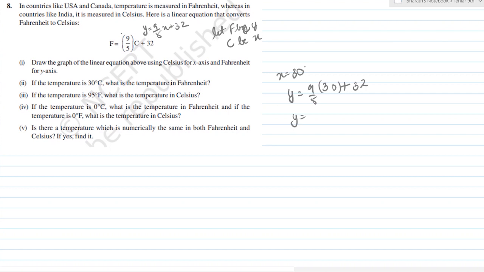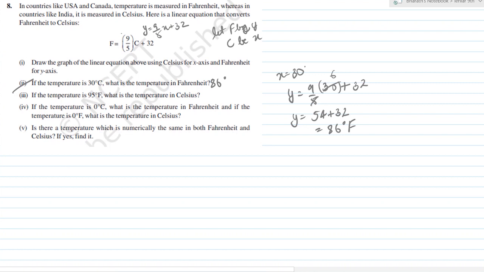So y is equal to, 6 5s are 30, so 5 can cancel. 5 9s are 45. 6 9s are 54, plus 32, which is 86 degrees Fahrenheit. Correct? Yeah, correct. So this is done. So Fahrenheit will be 86 degrees.